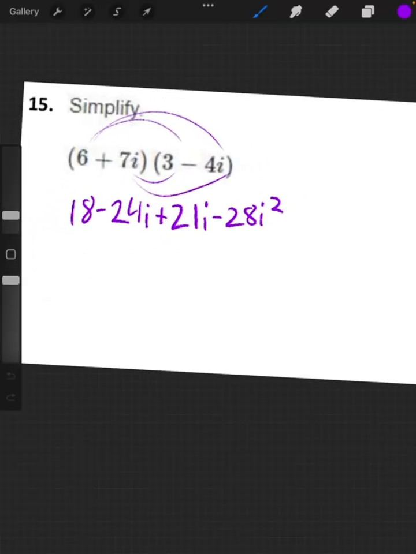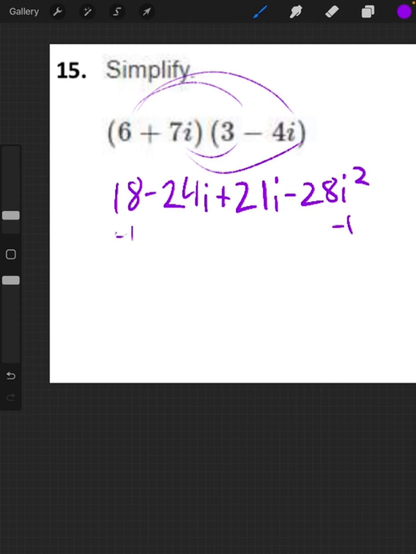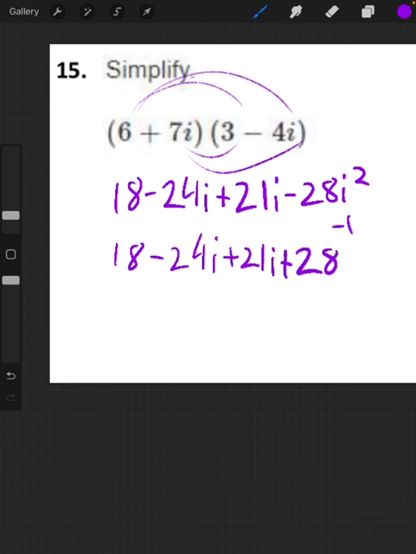I to the power of 2 would be negative 1. That would make positive 28, because you have to times 28 by negative 1, and a negative equals a positive.